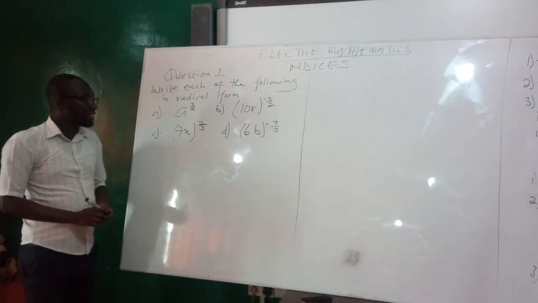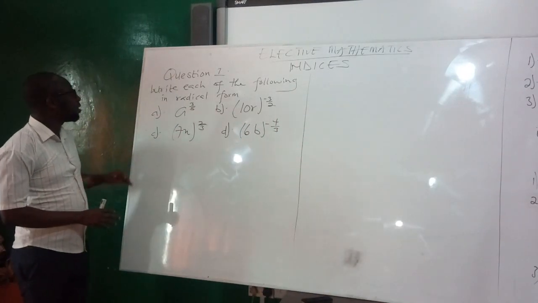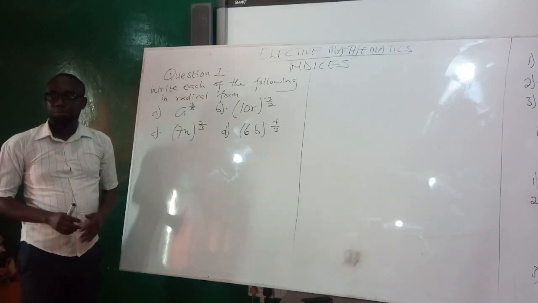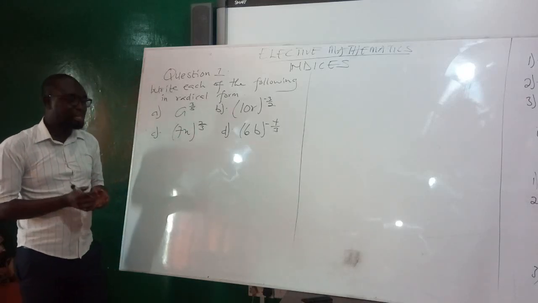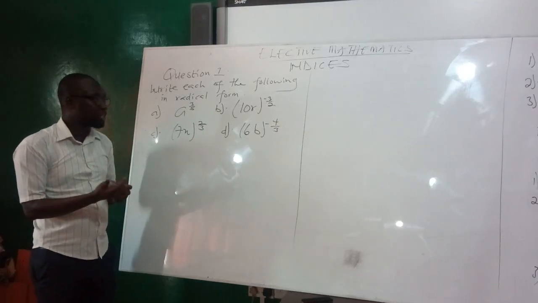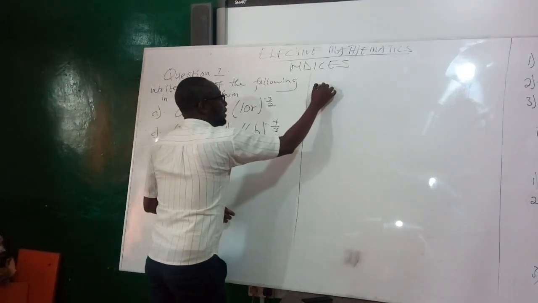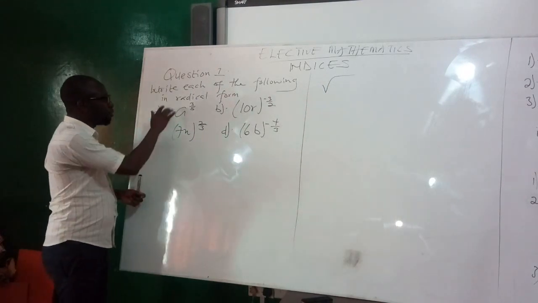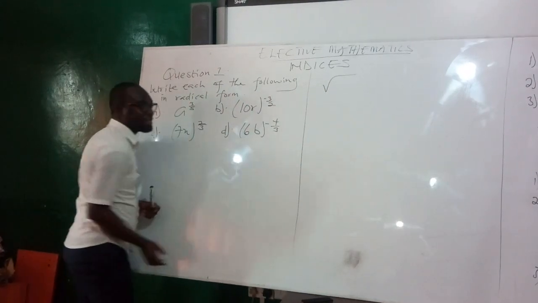Okay, so we have these questions here. Now, question 1. Write each of the following in radical form. When we talk about radical form, it means that we are writing it in the form of a root. So the radical sign is this symbol. So we are now to write each of the following using the radical sign.